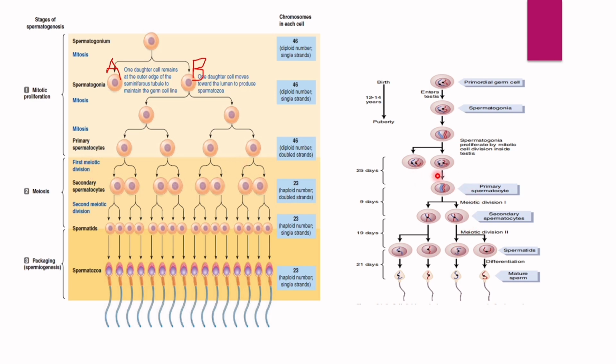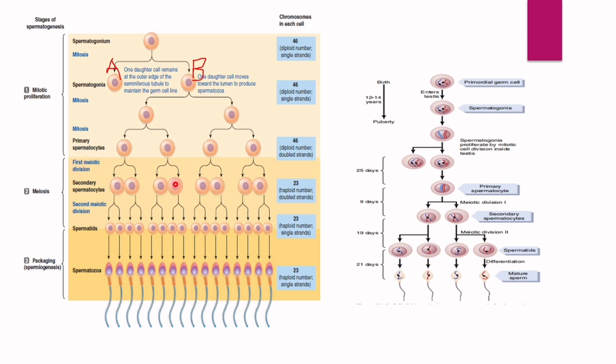These primary spermatocytes, as you can see, are double stranded, unlike these single stranded spermatogonia. They then undergo a division which we call meiosis, in which their chromosomes become half the number of the parent cell, as you can see here.